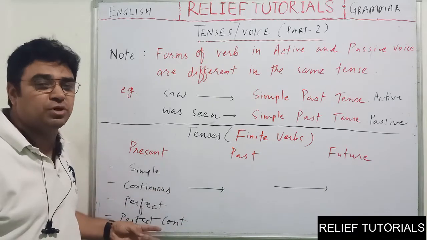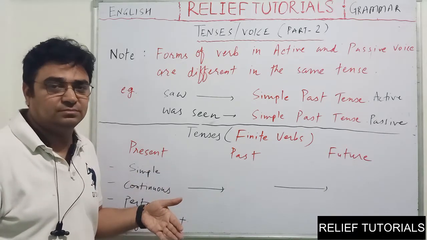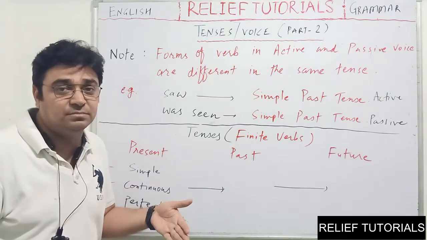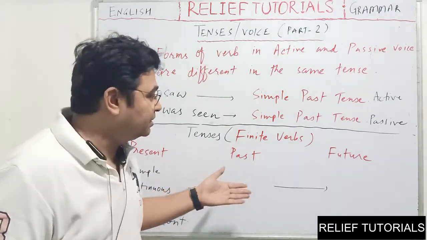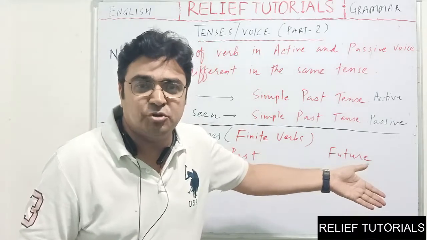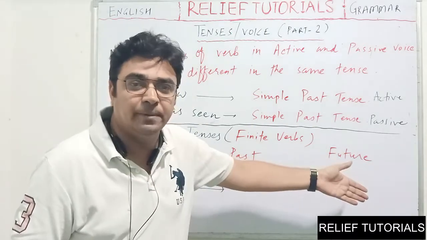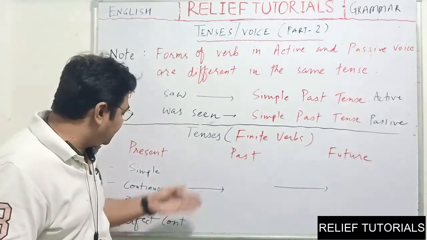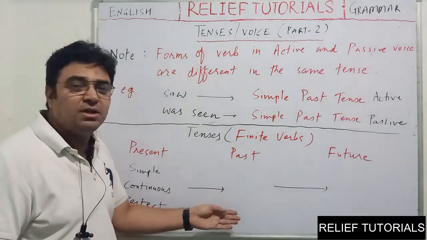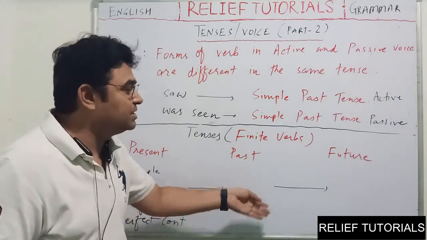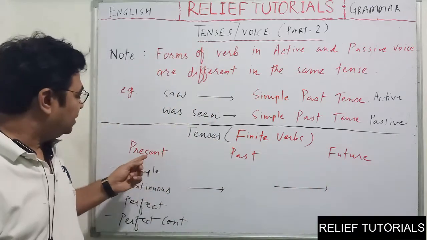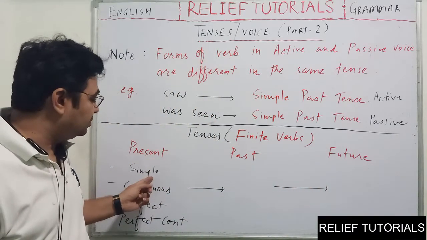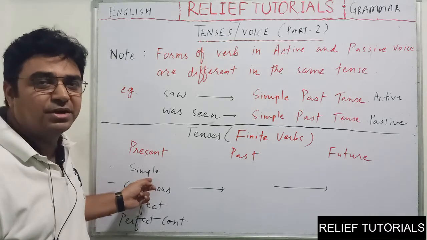So there are four situations under the same tense, under the same time. And these four situations get repeated under the rest of the times, past as well as future. So again the same categories, simple, continuous, perfect and perfect continuous, are in past tense as well as in future tense. So total time and situation creates one tense.